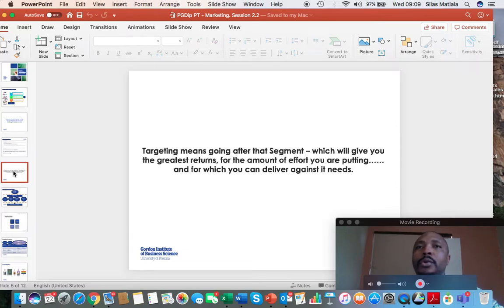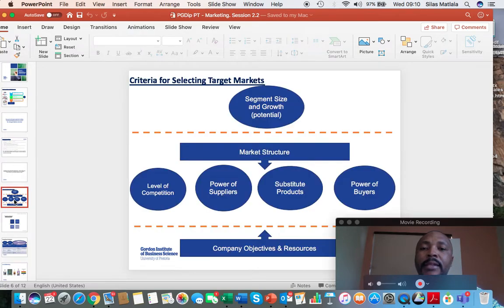No, I'm only going to target 1 segment. That's also correct. So the process of STP is really about refining and further refining and targeting the segments which, if you put your efforts behind, you will get the greatest returns.